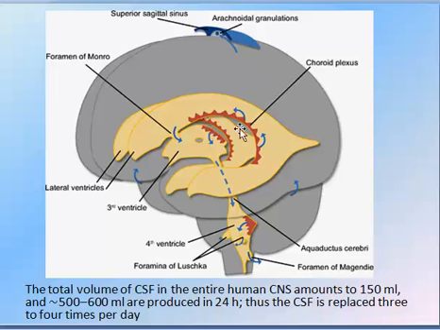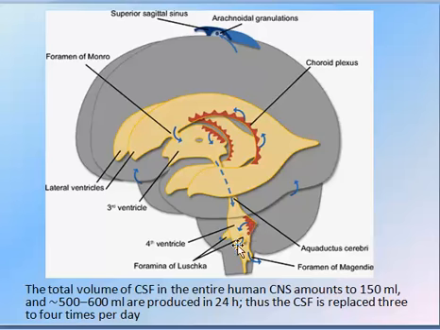If we start in the choroids, whether in the lateral ventricles, the third ventricle, or the fourth: this one is in the lateral on one side, this one is in the lateral on the other side, this one in the third, then the foramen of Monro, then into the fourth ventricle, where you can find again some choroid plexus.